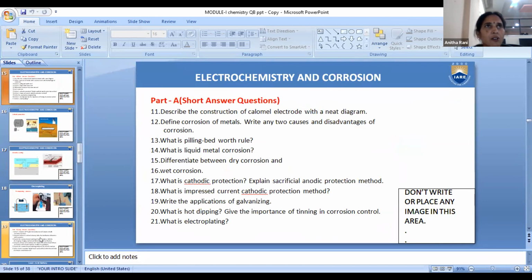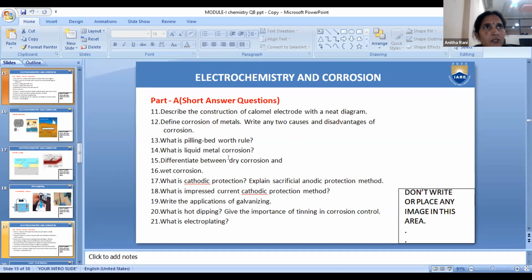If the volume of the metal oxide is greater than the volume of the metal, it forms a non-porous layer. Next, if the volume of the metal oxide is lesser than the volume of the metal, then it forms a porous layer. Okay.